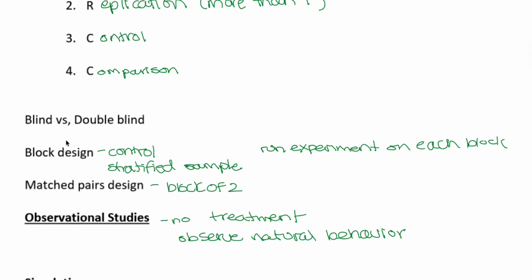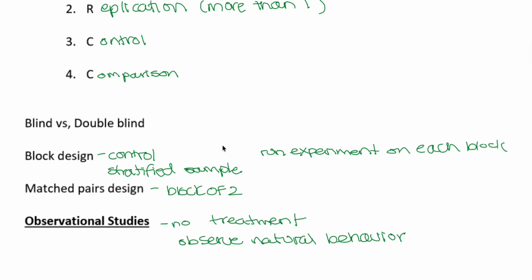And some other things: blind versus double blind. Block design means controlling, like a stratified sample. You have to control some variables, and it will most likely be a stratified sample. You run an experiment on each block.